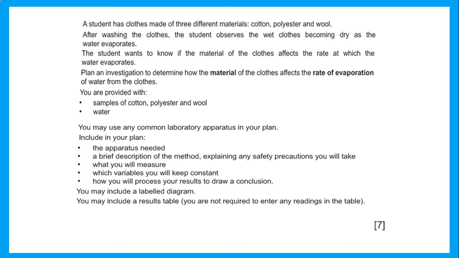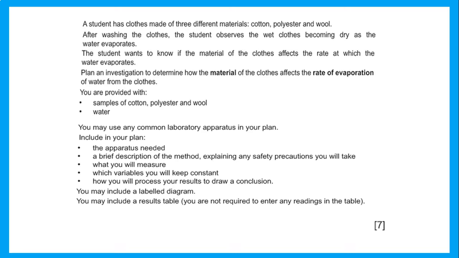The student wants to know if the material of the clothes affects the rate at which the water evaporates. Plan an investigation to determine how the material of the clothes affects the rate of evaporation of water from the clothes. You are provided with samples of cotton, polyester, wool, water, and you may use any common laboratory apparatus.